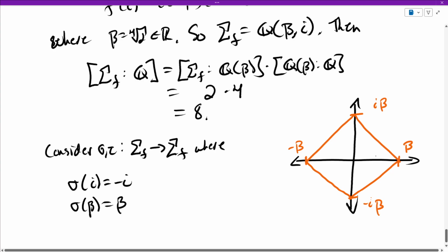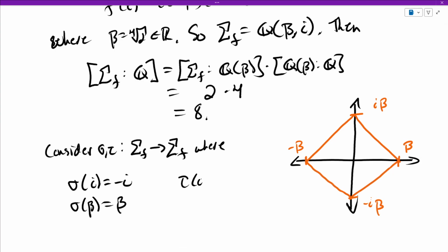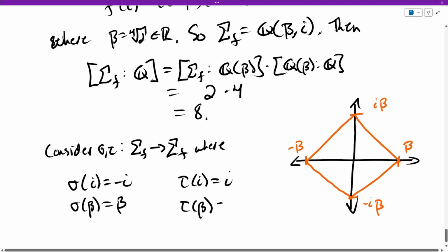So in other words, sigma fixes the real part of sigma f and is complex conjugation on the other. So it's this reflection. And then we're going to let tau be the mapping that takes i to i, so it leaves i alone, and then it's going to take beta to i beta.